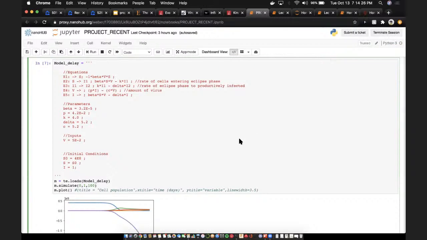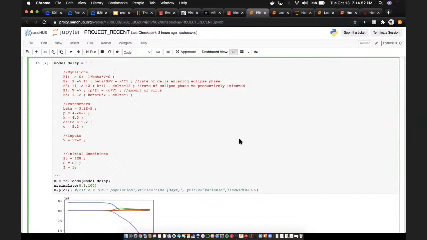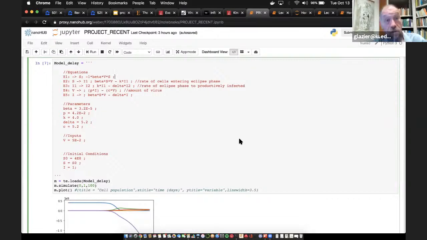But in general, just as a sanity check, there are a few simple rules of thumb that you'll find in modeling, which is that when you have what's called decay, like S goes to nothing, representing death of cells, generally those terms look like constant times S. So death rates are typically called first order, because if you have no susceptibles to die, the rate has to go to 0.